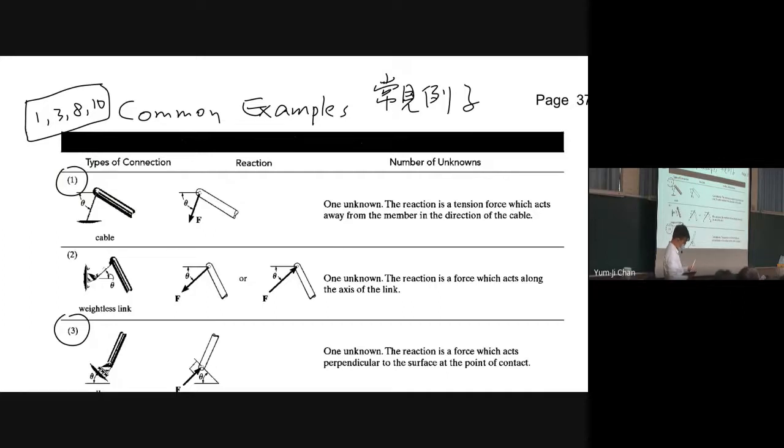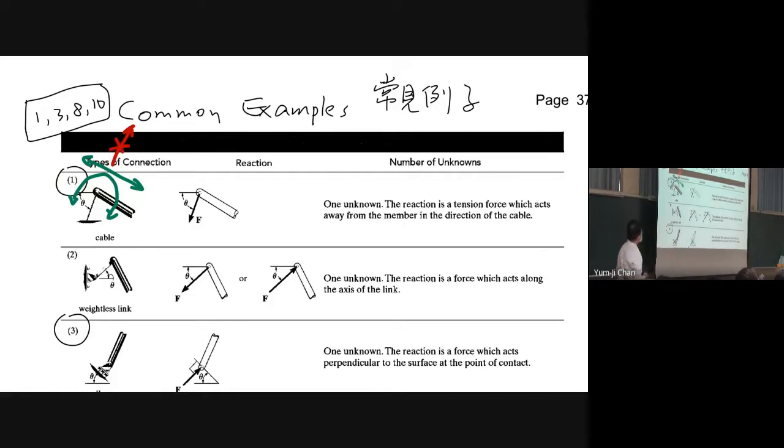Let me write it. So it can rotate, and it can move in this direction, because this is only a cable. This bar can move in this way, or it can rotate, but it cannot move away from the ground, right?